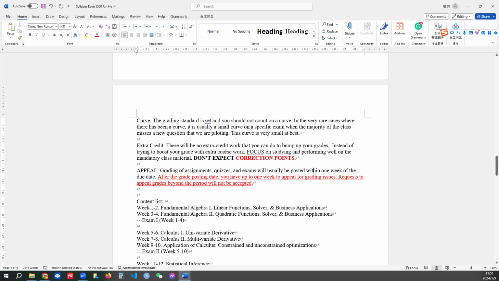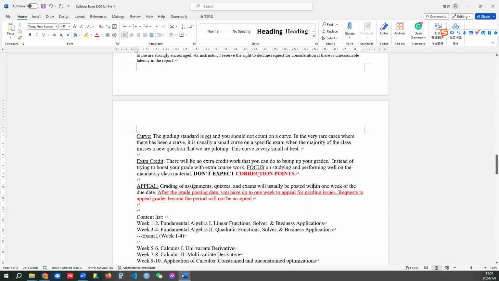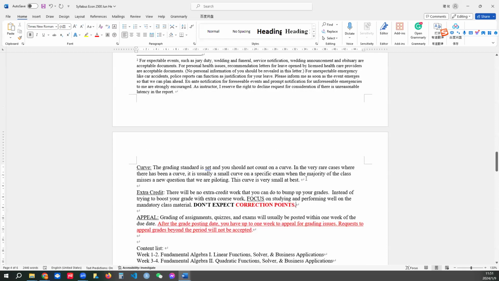I'd rather that you look at those answer keys within 1 week after the grade has been posted, while your memory is still fresh. Okay, please do not expect a correction points opportunity, because exams are to test your ability to solve those problems in time. Okay, and correction points kind of defeat their purpose.